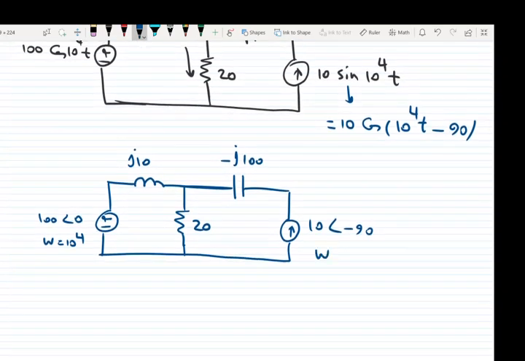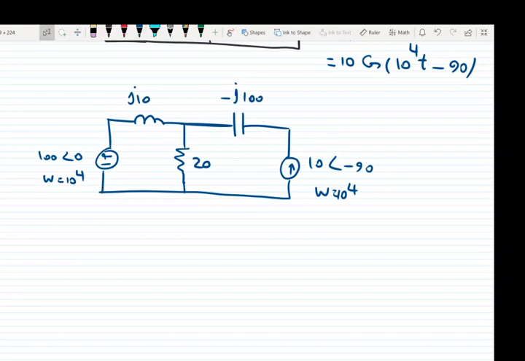For both of them omega is the same. So, superposition.